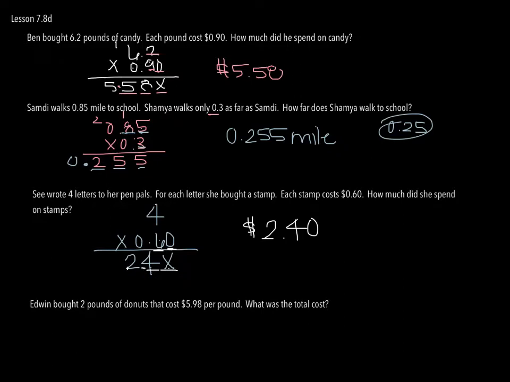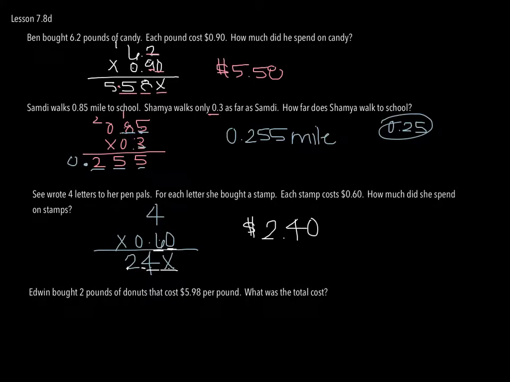Alright, and then our final problem. Edwin bought 2 pounds of donuts that cost $5.98 each. Yummy, yummy donuts. So what we're going to do is multiply $5.98 times 2 to figure out the total cost. 8 times 2 is 16. Write down the 6, carry the 1. 9 times 2 is 18, plus 1 is 19.